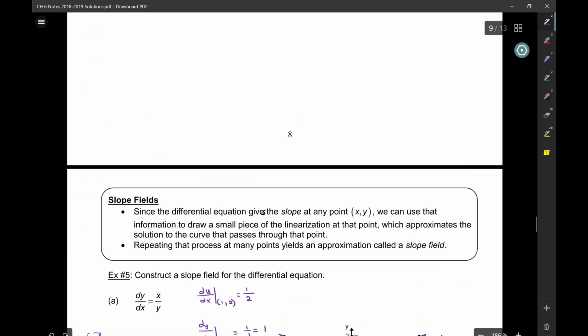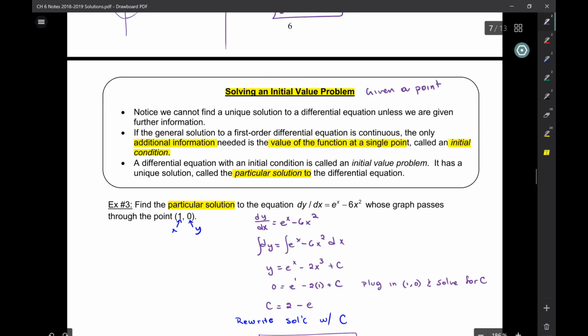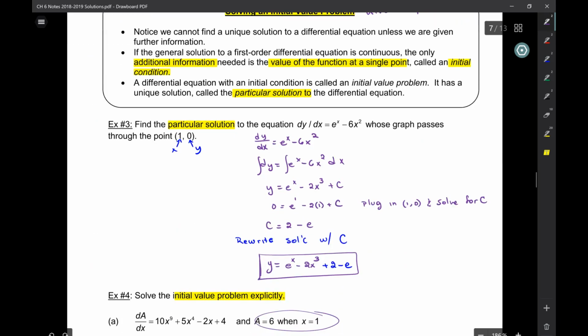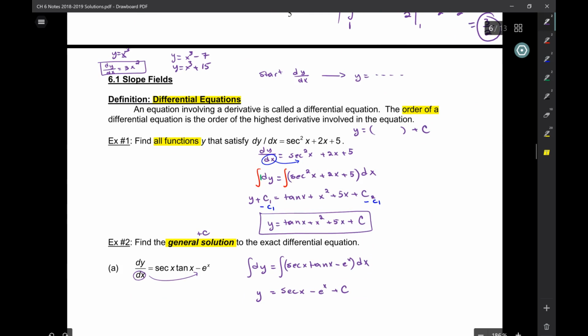It's just like what we were doing before. Remember how in the beginning we had gotten plus c1 plus c2? Then we combine them and just put it on the right side. Same reason.